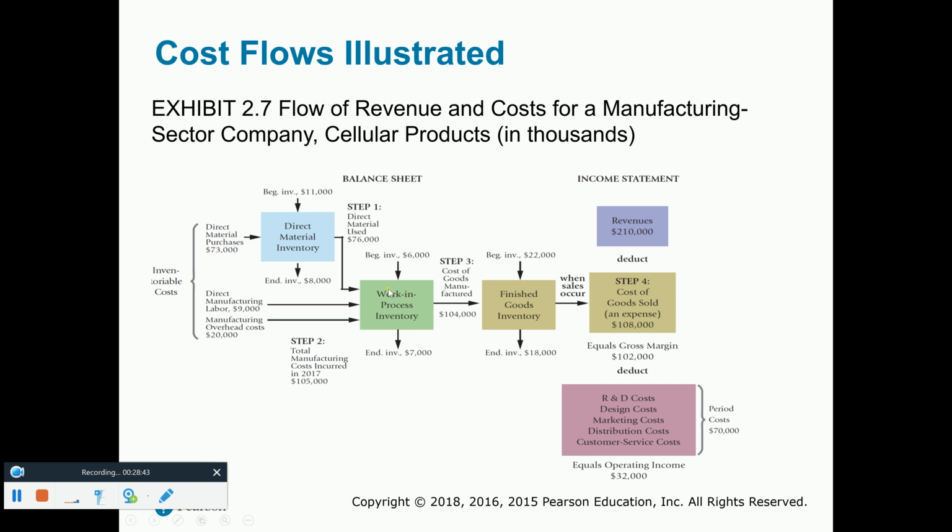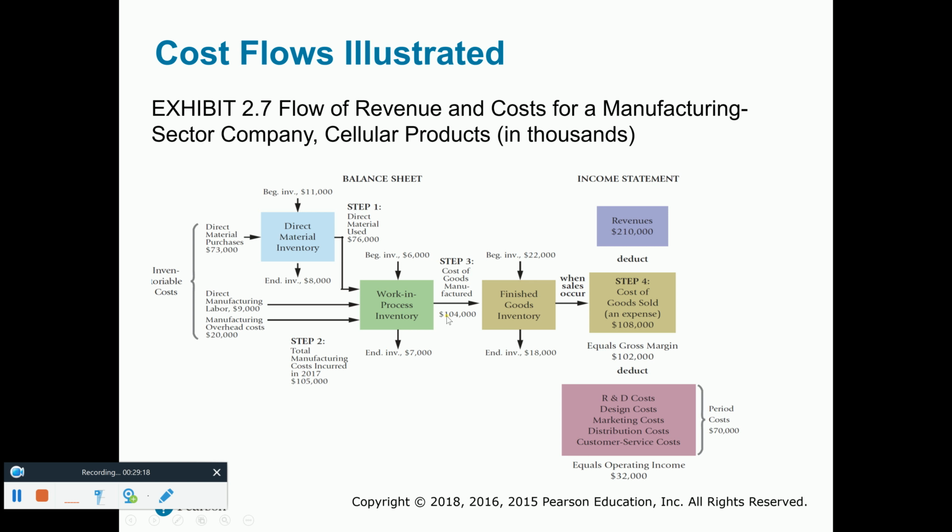Once again, beginning inventory of 6, plus materials of 76, plus labor of 9, plus overhead of 20, minus ending inventory of 7. So if we do the math, 6 plus 76 plus 9 plus 20 minus 7, which is the ending inventory, that gives us $104,000.